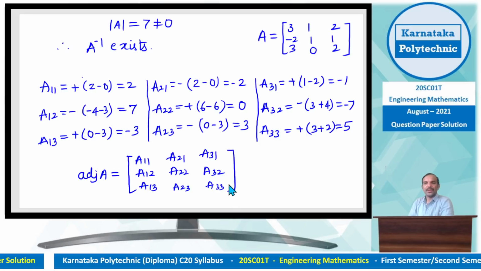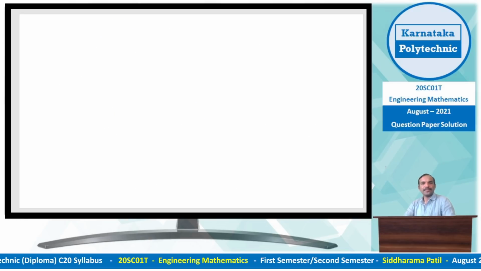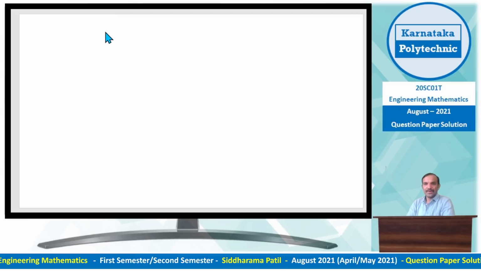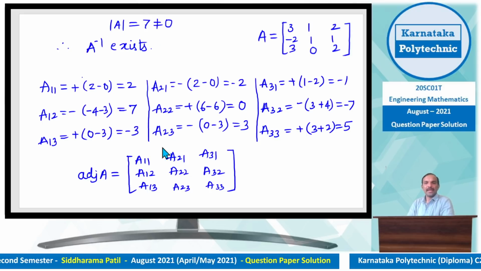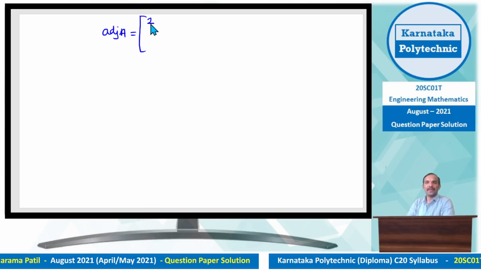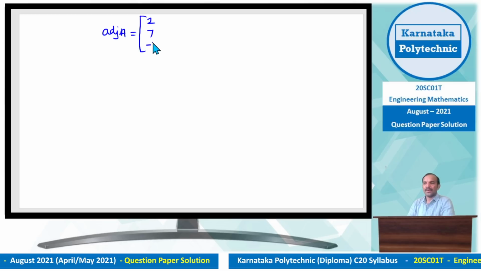Now, substitute values for A11, A12, A13. Adjoint of A is equal to, I will write column wise. First column, A11, A12, A13: 2, 7, minus 3.